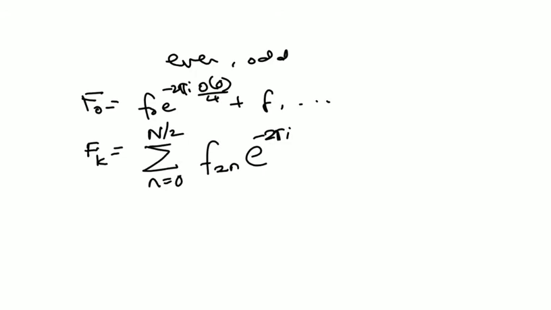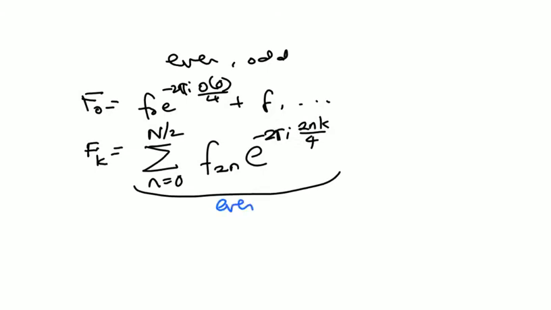Instead of nk over 4 or nk over N, I'm using big N here, instead of 4. Instead of nk over N, we have here 2nk over N, because we just want the even numbers. So as you can see, this is the even part.